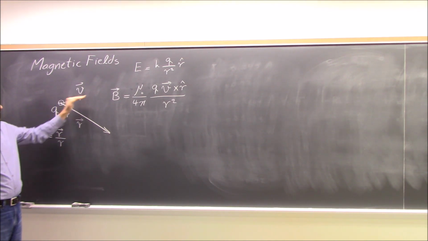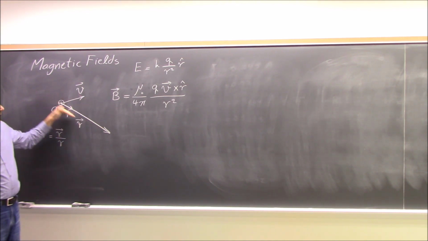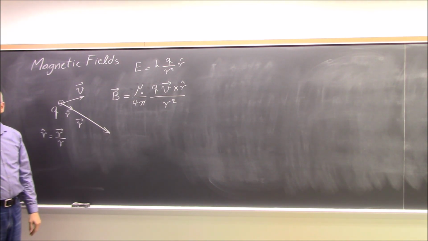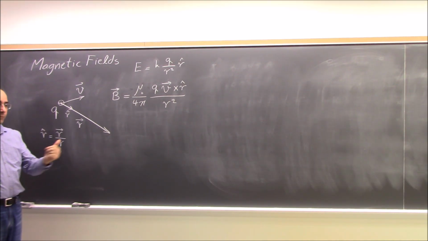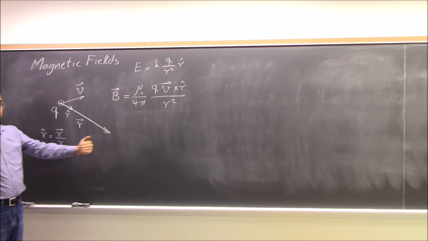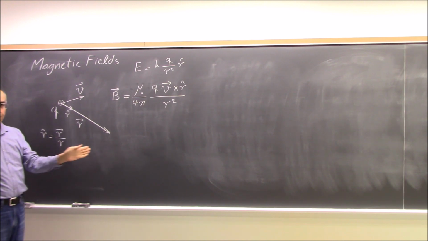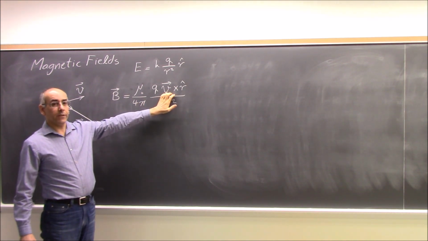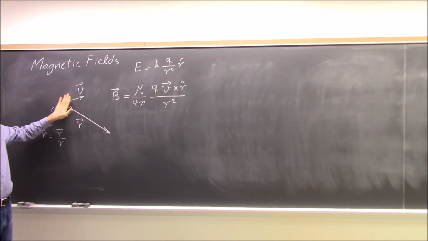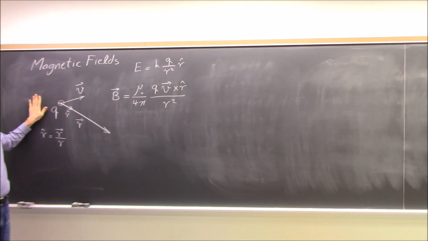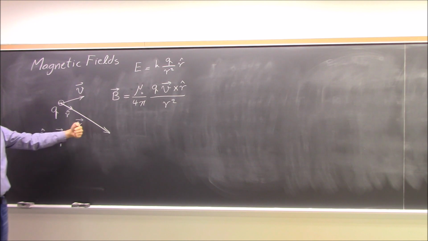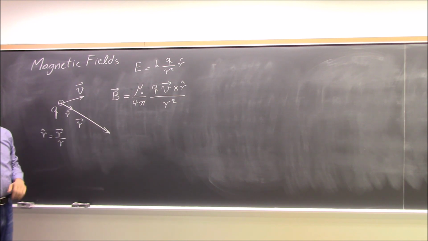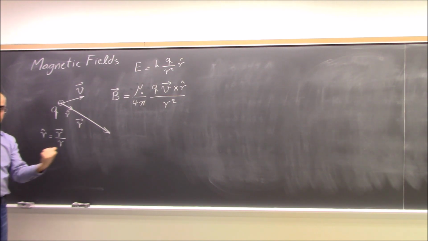Suppose the charge is moving in the plane of the board, and this r also is in the plane. Outward, perpendicular to the board, right? But outward or inward, both of these are perpendicular to the board, right? Yes, the cross product is perpendicular to the plane passing through v and r hat, which is the board. But perpendicular to the plane of the board has a twofold ambiguity. It could be outward, it could be inward.